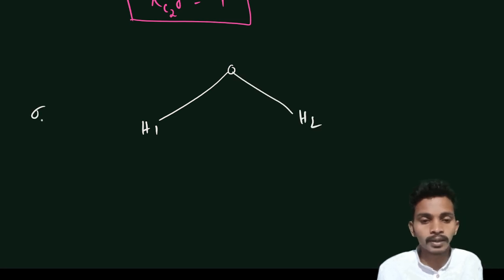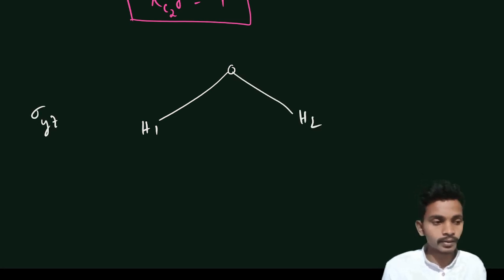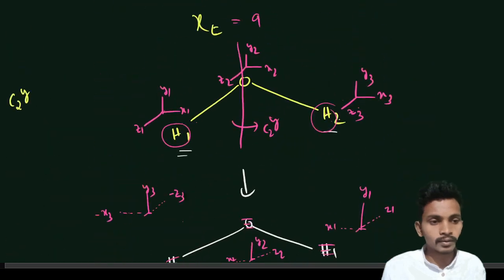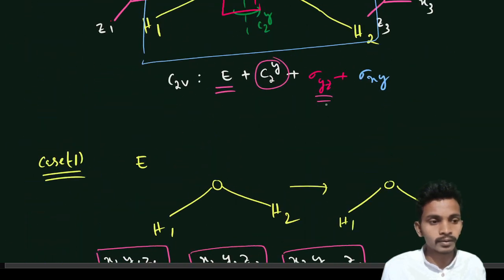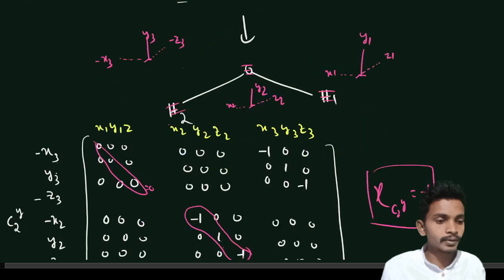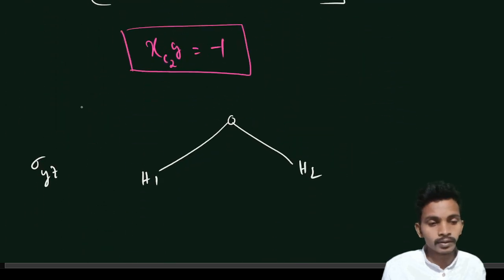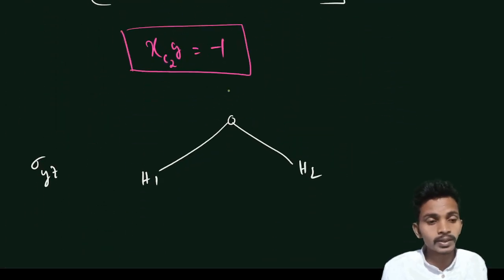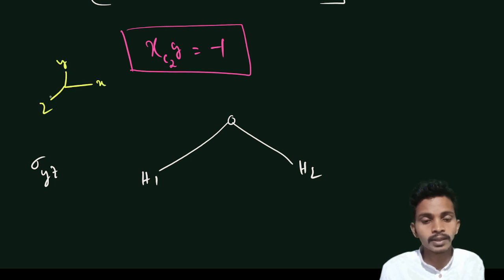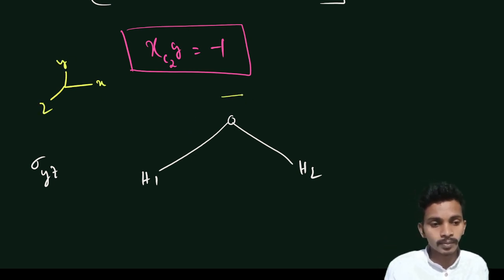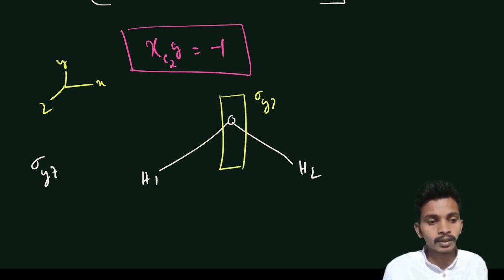We will apply sigma yz. If I apply sigma yz, it is along this direction. This is x, this is y, and this is z direction, which means I apply the plane like this. Okay, this is sigma yz.